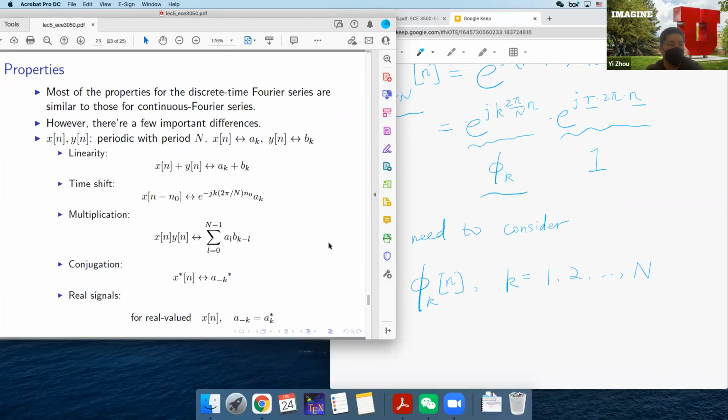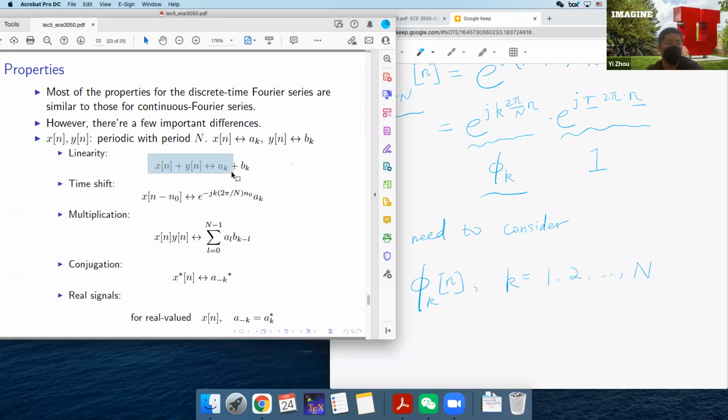And this discrete time Fourier series also has similar properties to the continuous time Fourier series. Most of the properties for discrete time Fourier series are similar to those for continuous time Fourier series. However, there are a few important differences. So let's go over them.